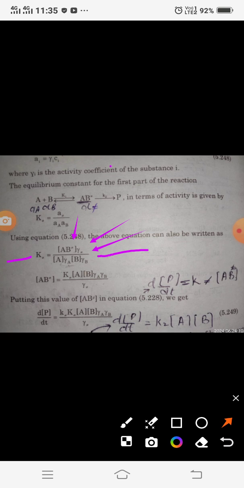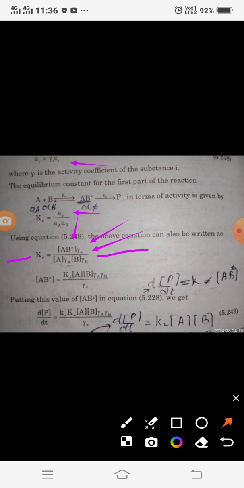We have come to know in the equation that the activity is equal to the activity coefficient multiplied by the concentration, or the exact value of the reactant or complex. In the same manner, we are writing in the place of a, the activity, a replacement with the activity coefficient and the exact value of the reactant complex.